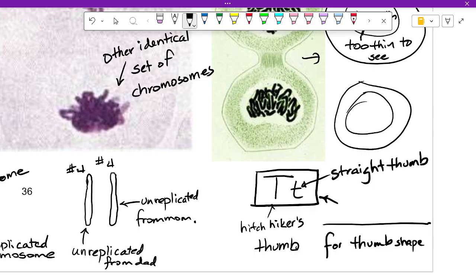What's the prefix that means different? Hetero. They are hetero. And then the last part of that word is zygous. Okay, heterozygous.